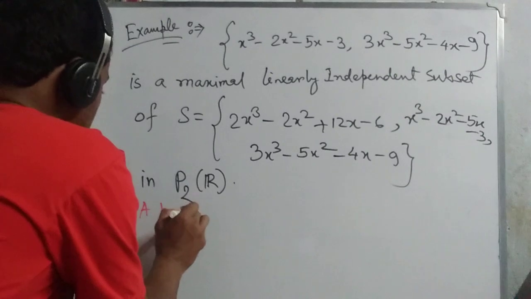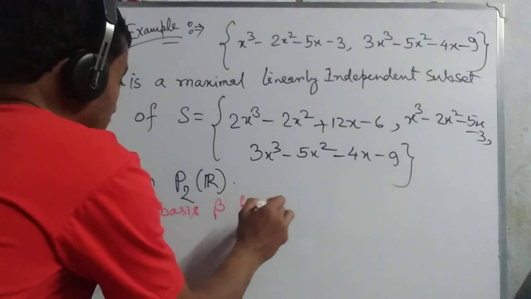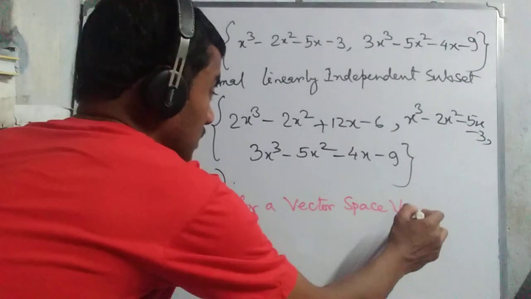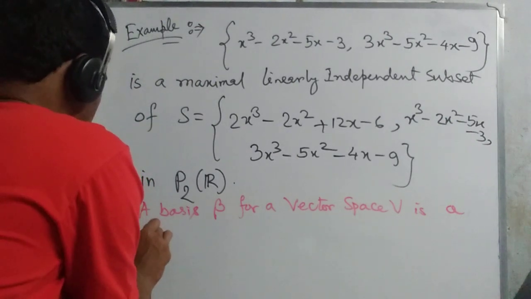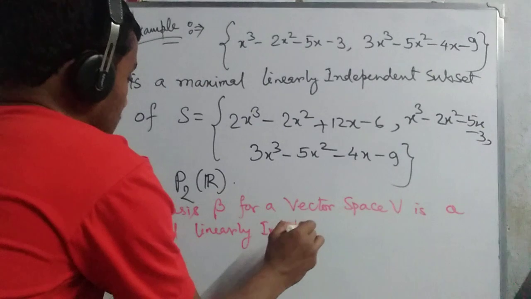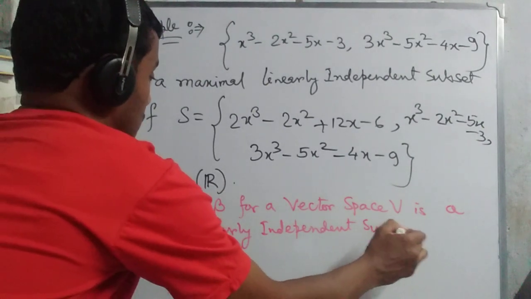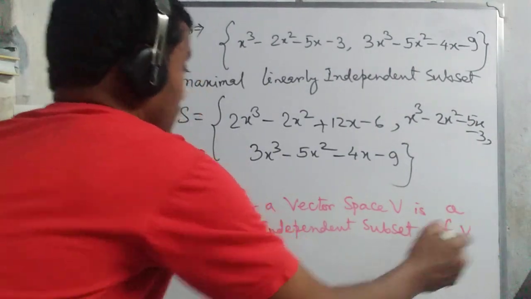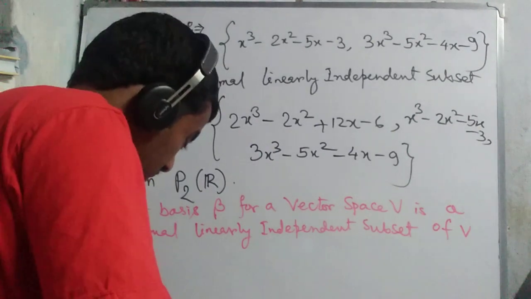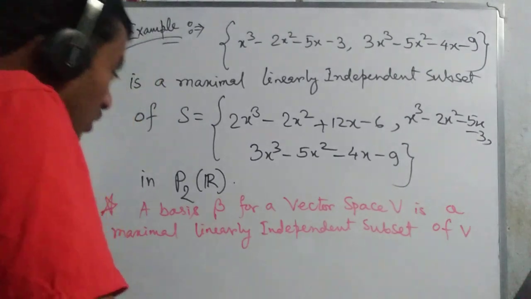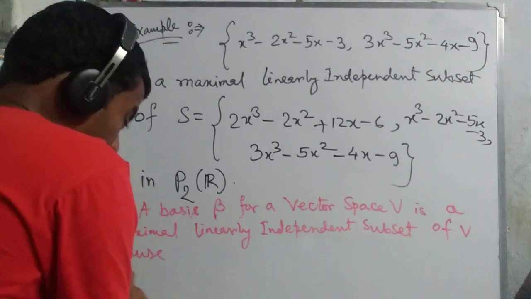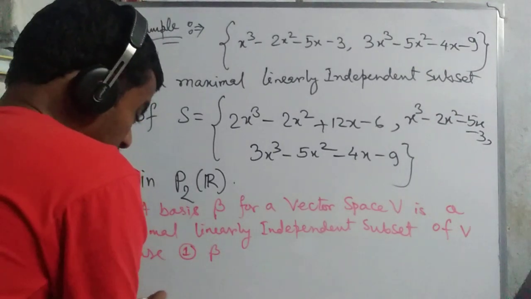That means a basis beta for a vector space V is a maximal linearly independent subset of V, okay, because, first one, beta is linearly independent.